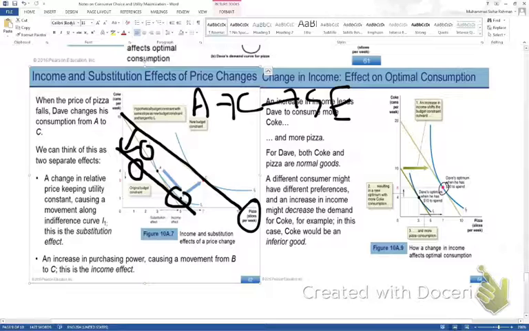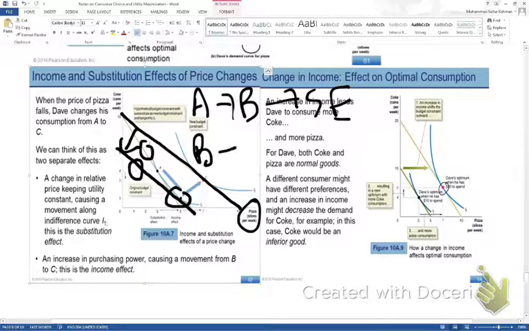In order to understand the second part, we now give our consumer this extra purchasing power back. So this is B. So a movement from A to B is basically substitution effect.